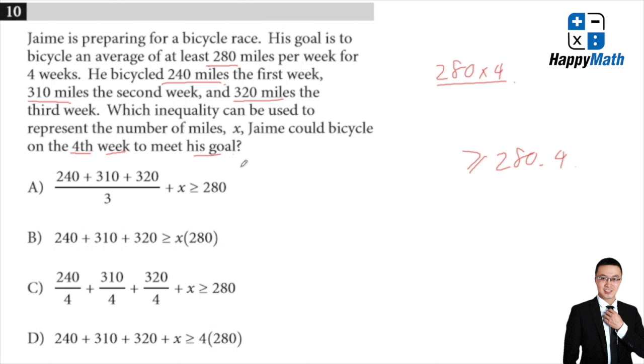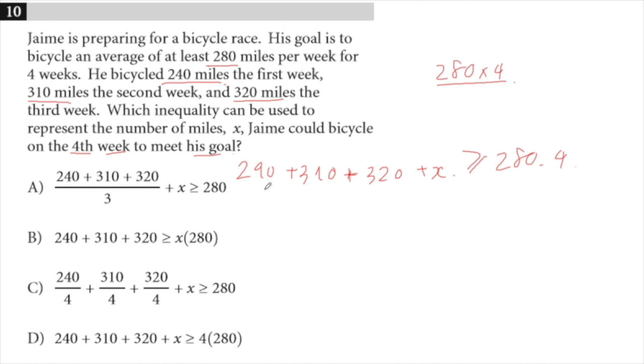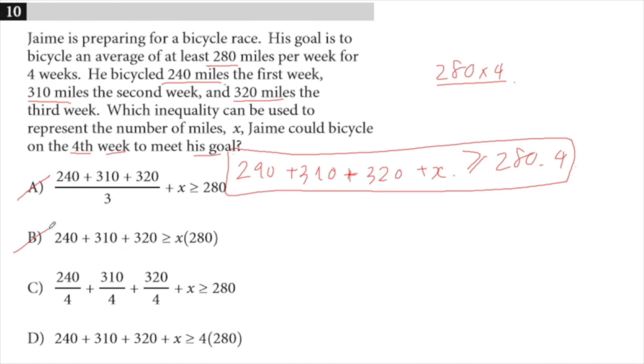The total of the 4 weeks will be the first week, second week, third week, and the fourth week. So this inequality represents the number of miles for x. I compared this inequality with the one I made by myself, and of course D is my final answer.